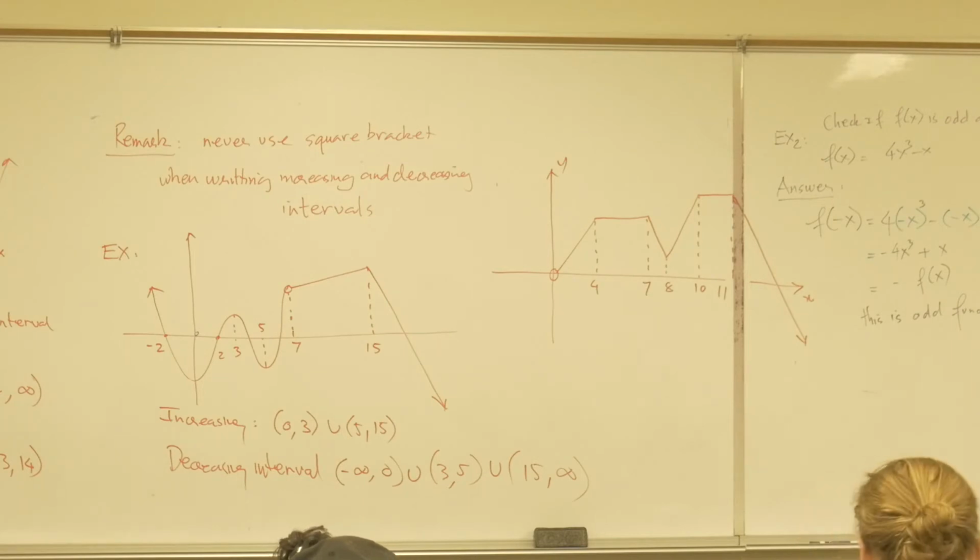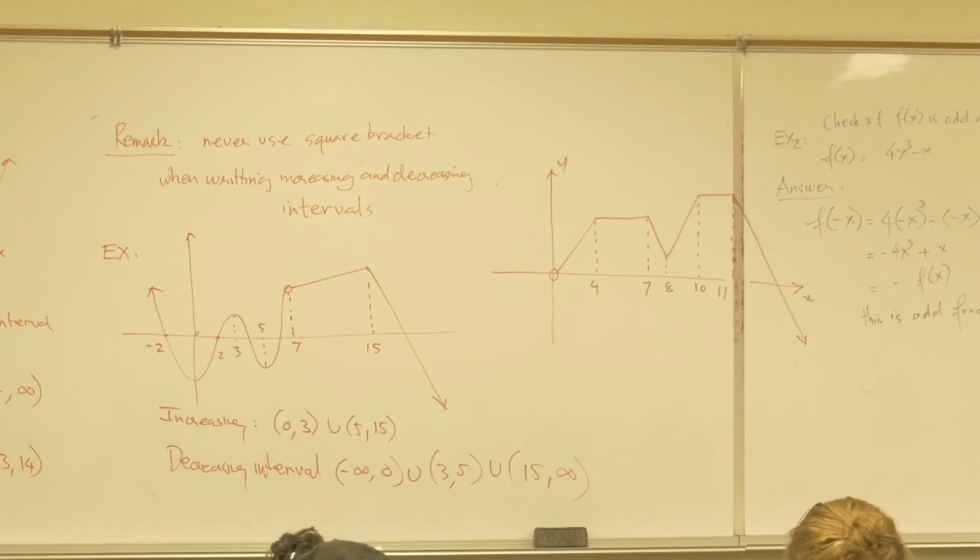The domain uses parentheses for open circles. It goes right to infinity because we talked about the x-axis. So 5 to 7 or 5 to 15? Oh, it's 7, more than 8. This is 7 and that's 8.